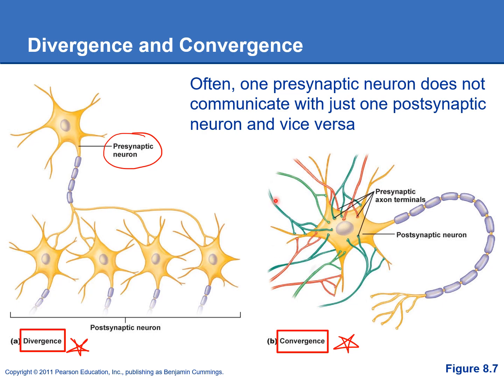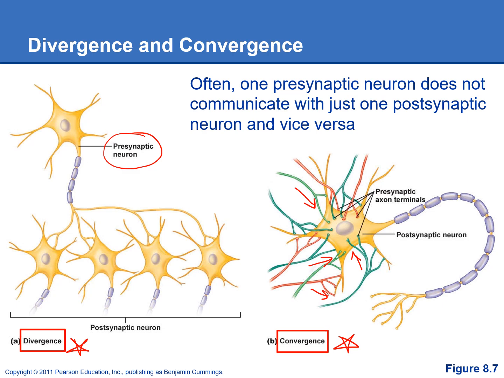And so what's happening here with convergence is we can end up with spatial summation. Because if we have, for example, maybe this presynaptic neuron, maybe this one, maybe this one, and this one all releasing neurotransmitter at the same time, that would give you spatial summation.